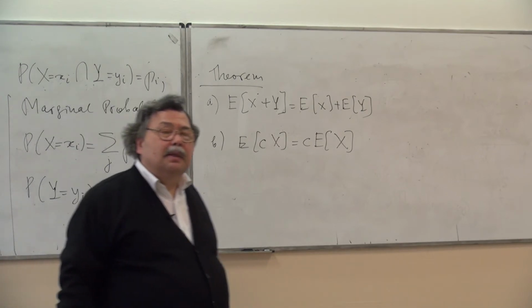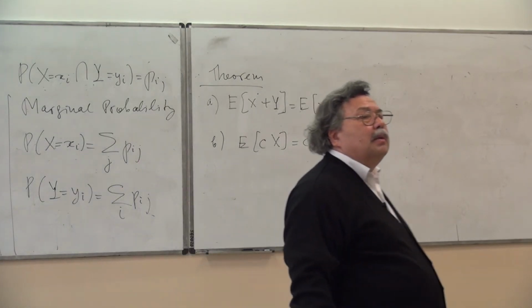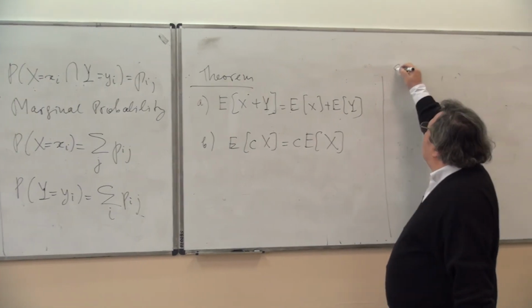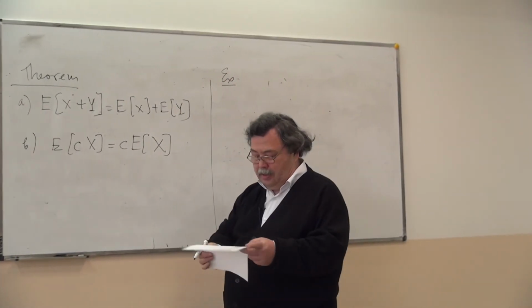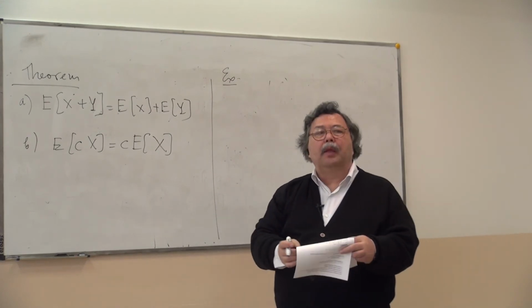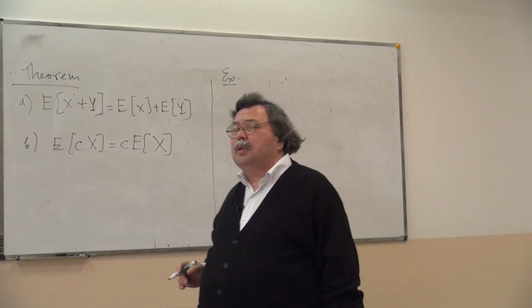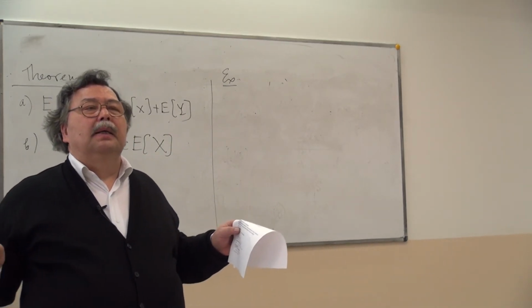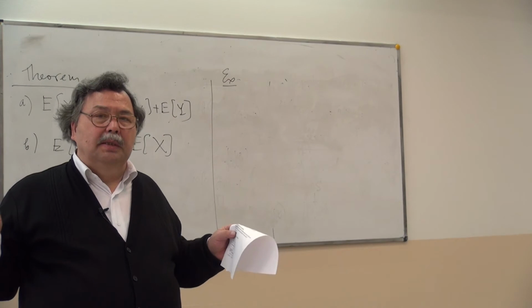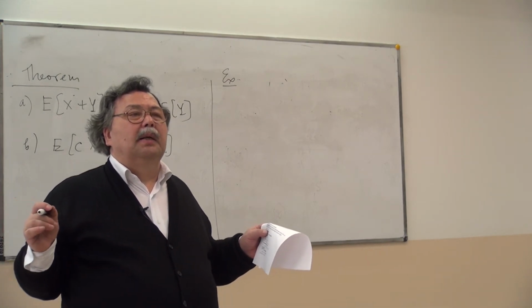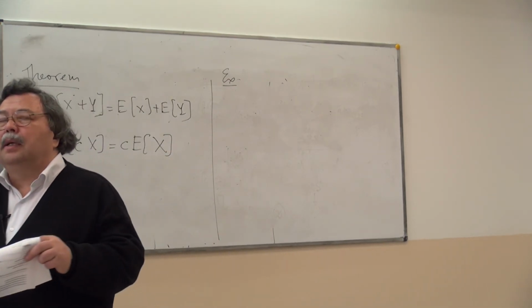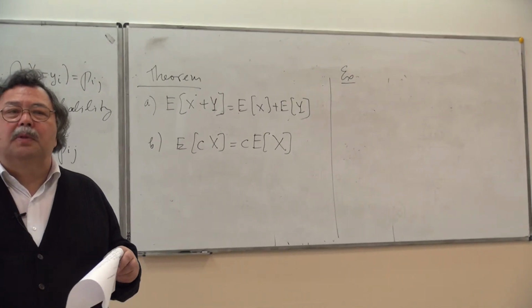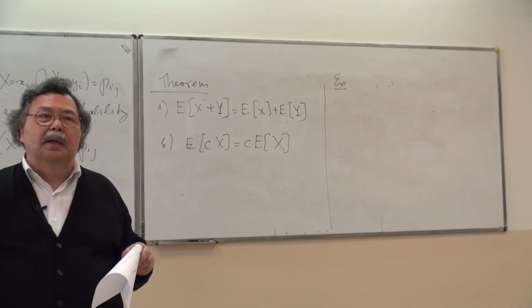Okay, let's give an example. It's a very interesting example, and also it's important in certain applications. Suppose n letters have been typed, and the envelopes have been prepared for them, with the right addresses typed on them.